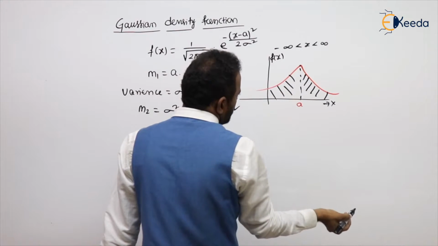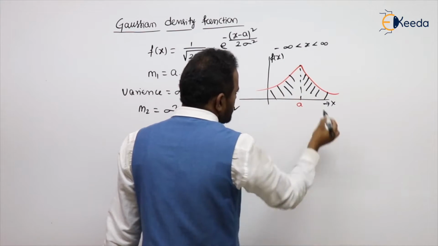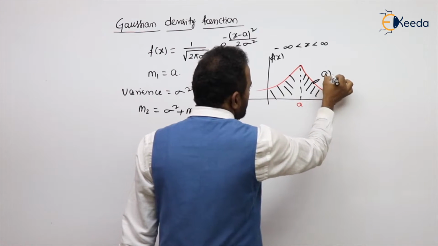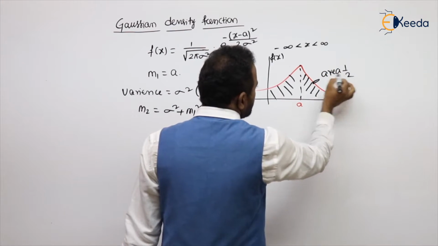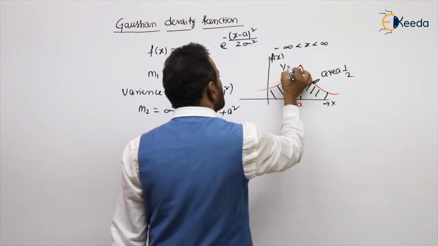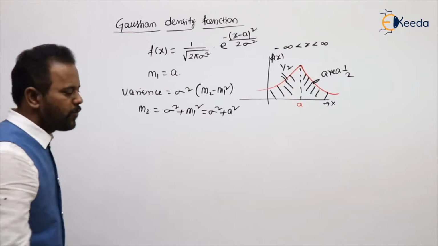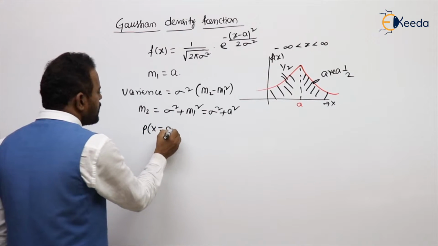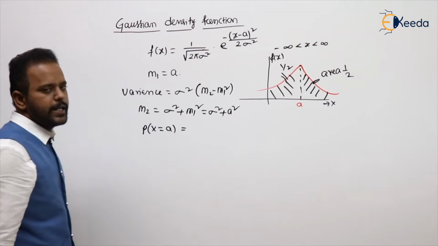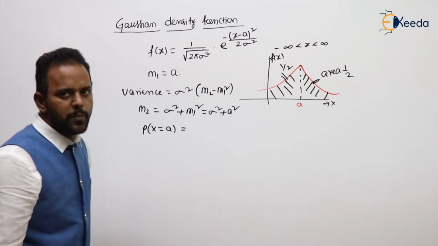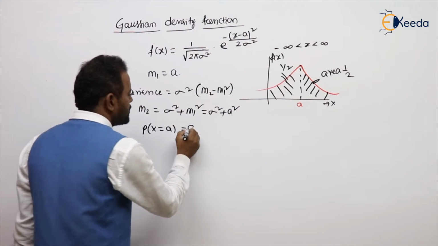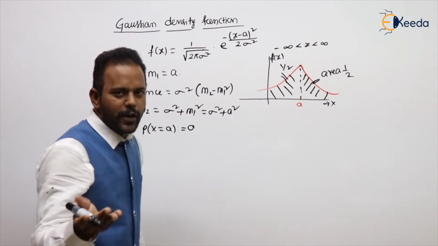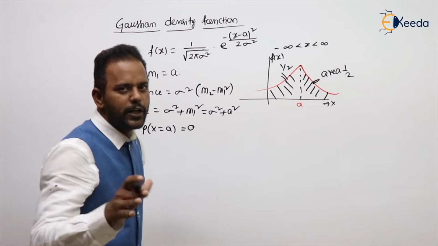Total area under the PDF is 1, so this area equals 1 by 2, and this area is also equal to 1 by 2. For example, can you say what is the probability at x equal to a? At a single point x equal to a, what is the probability? Yes, its value is 0. Why, sir? The probability of a continuous random variable at a single point is 0.